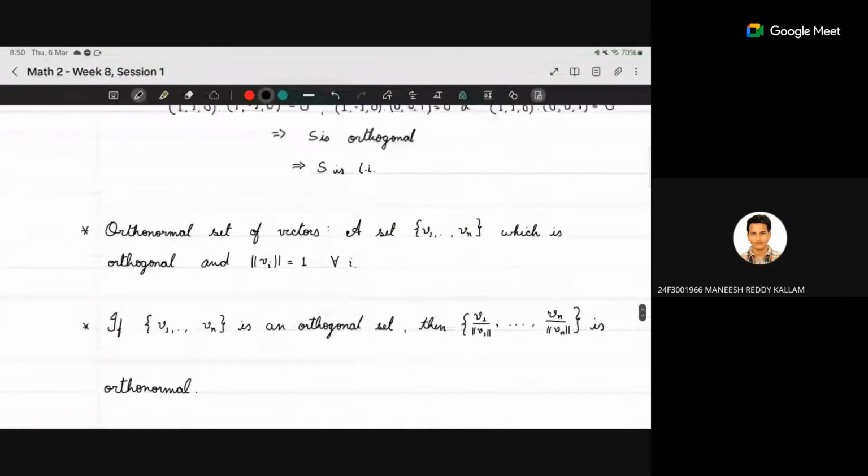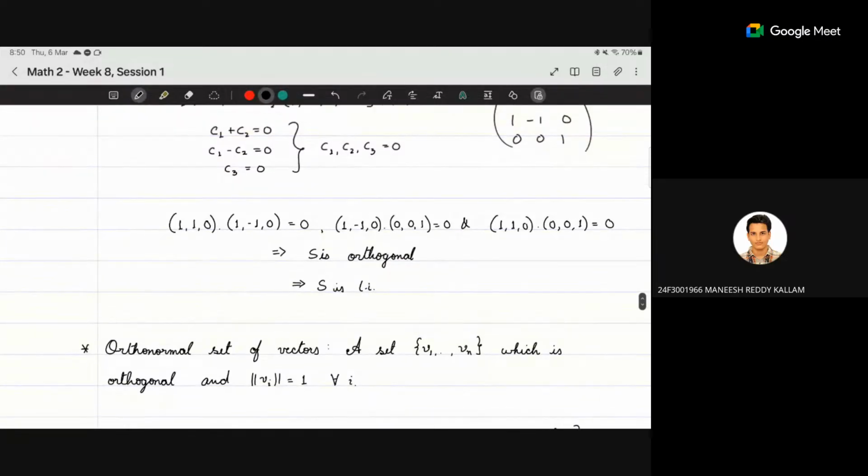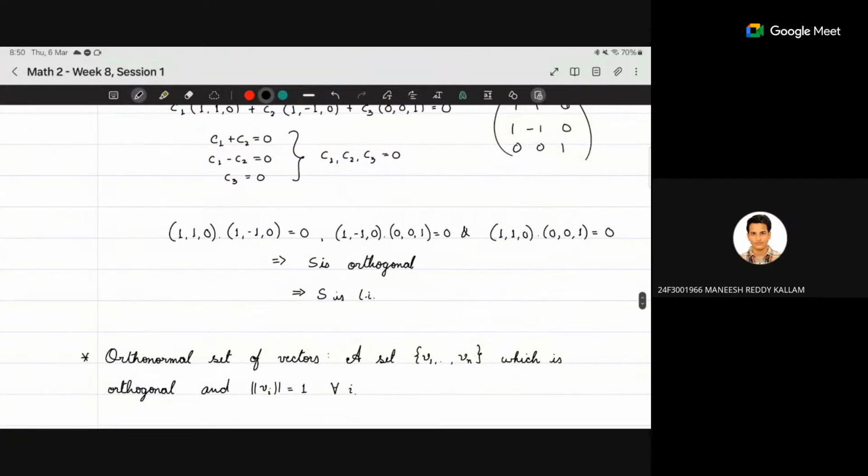All right, so that's an orthonormal set of vectors. If you have an n-dimensional space and you have n orthogonal vectors or orthonormal vectors, what do you essentially have? Linearly independent vectors, yes, but I have a space of dimension n and n linearly independent vectors, which means I have a basis, right?